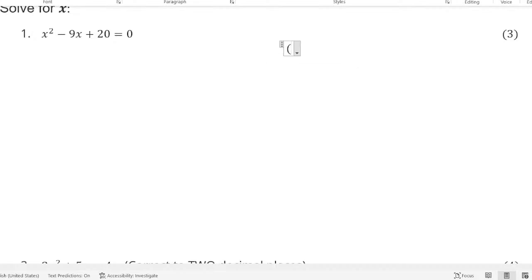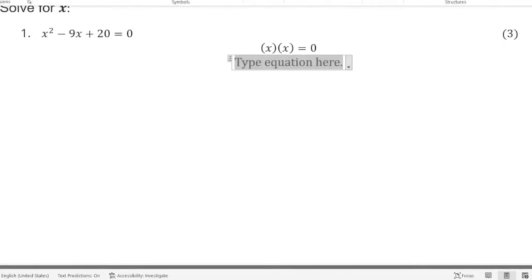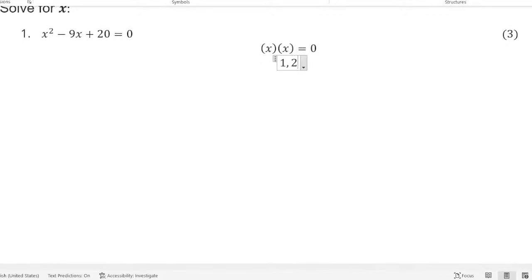So we have here x times x will give us x squared, is equal to 0. I hope you are following. Then now the factors of 20. Let's write them down. Factors of 20 are 1, 2, 4, 5, 10, and lastly 20. So these are the factors of 20.